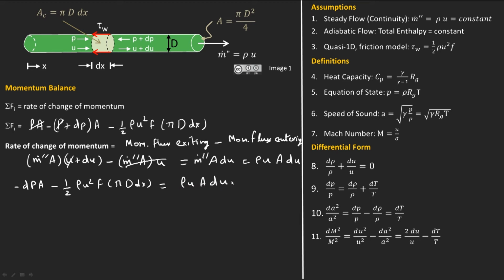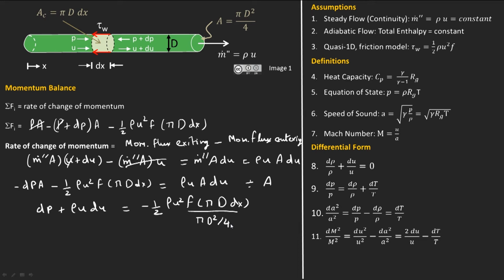Now I'm going to rearrange terms and also divide by the area A to write this as dp plus rho u du equals minus half rho u squared times f times pi d dx divided by cross-section area A, which will be pi d squared by 4.